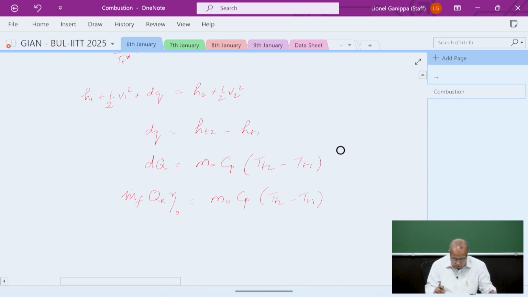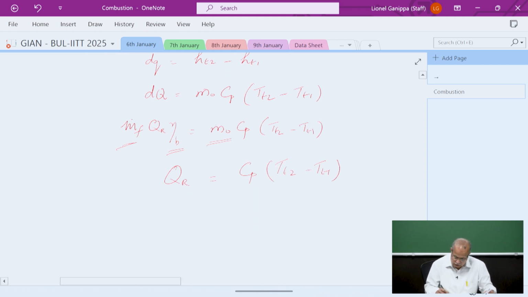Now in this problem we have no information on the mass of air and mass of fuel, so we don't have to worry about that. We don't have any information on the adiabatic efficiency of the burner either. So the energy content of the fuel is equal to Cp into Tt2 minus Tt1. This is the information we have in the problem.